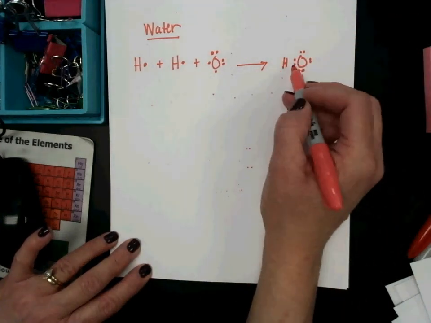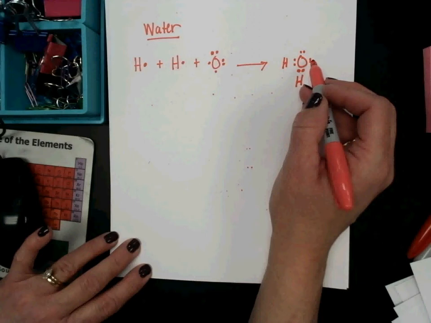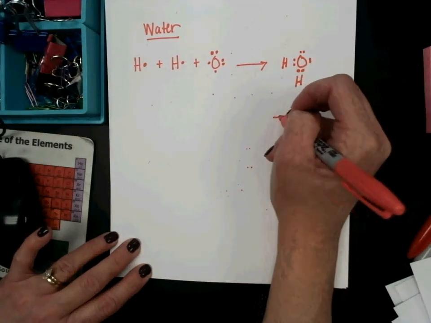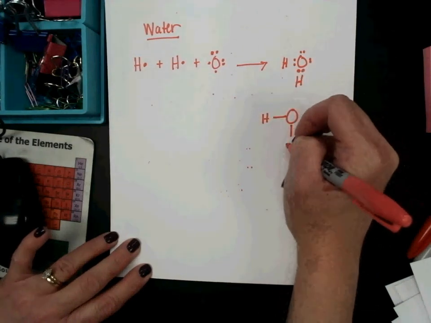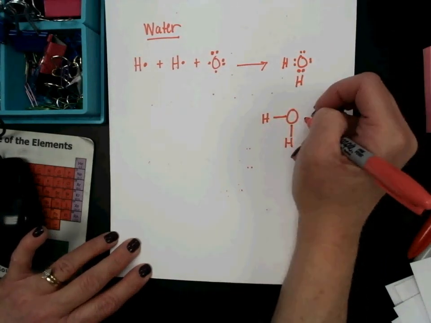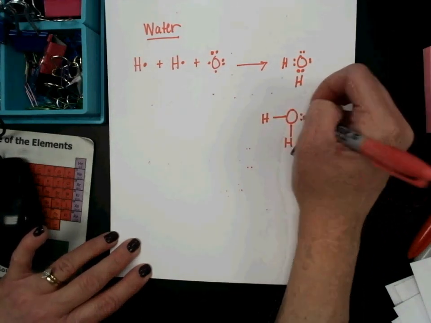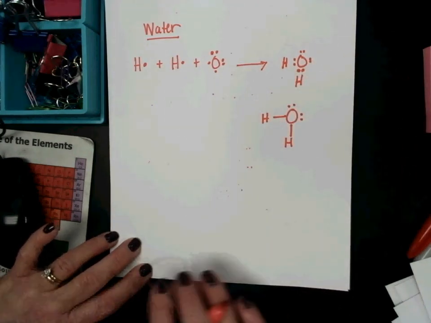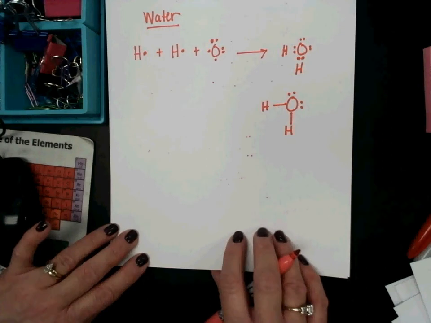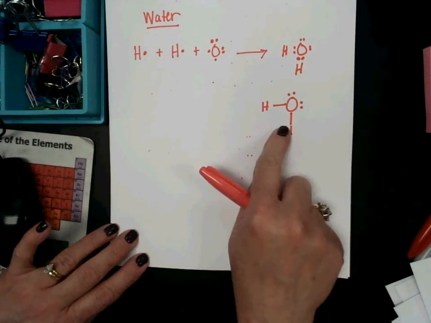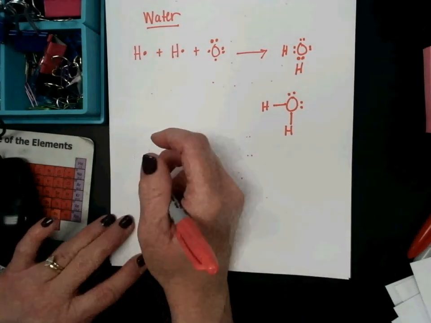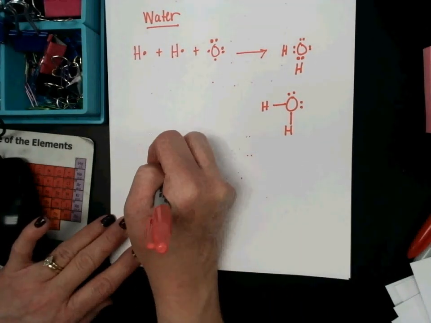I pull one of my hydrogens over here, and I can pull the other one over here. So now hydrogen's got 2, hydrogen's got 2, oxygen's got 8. I end up writing that then as O bonded to H, bonded to H, and I actually do show my electrons here so that I know that oxygen has a full outer shell. This would have 2 single bonds.